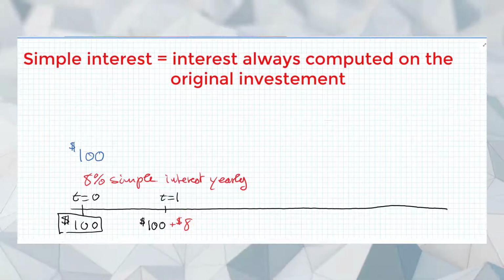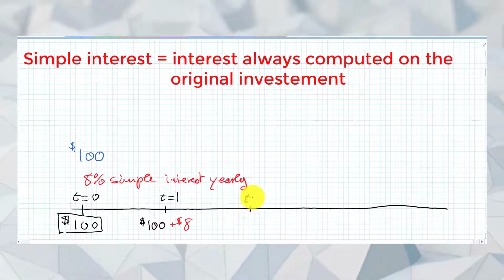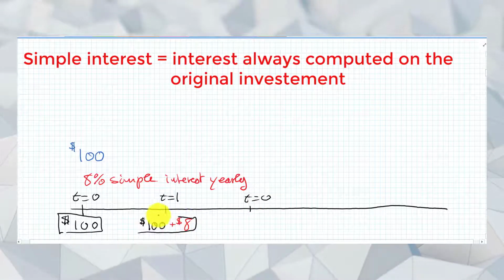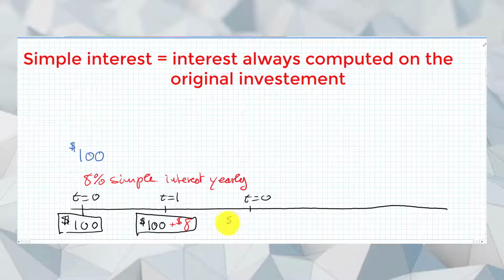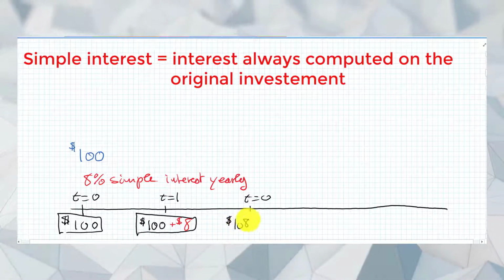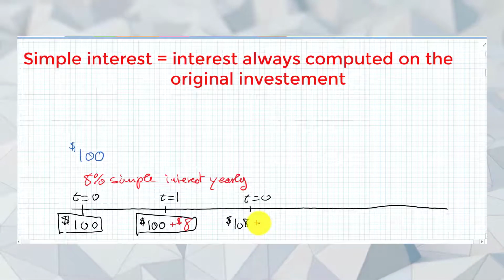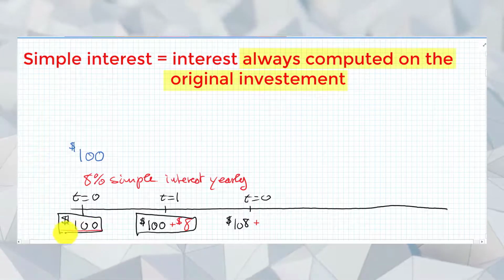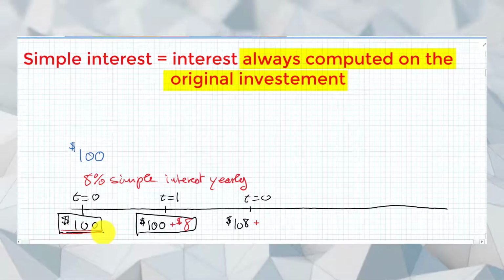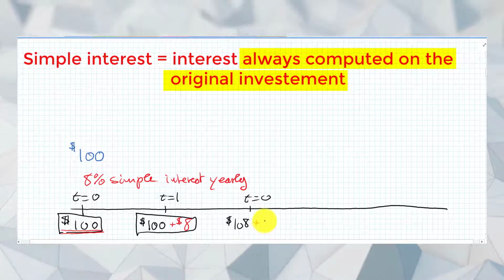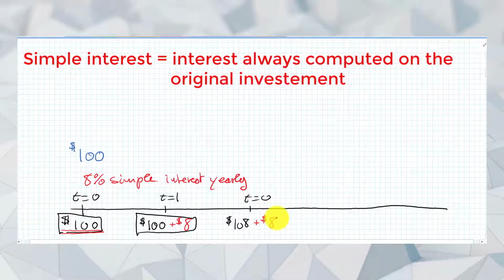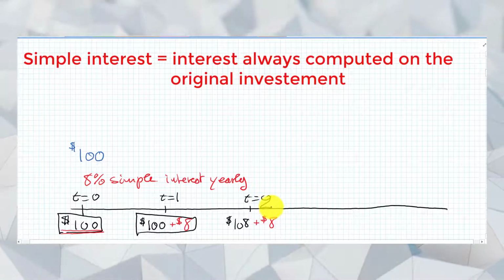But now, at the end of the second year, what happened? Well, what did you have at the end of the first year? You had $108 and you have to add the interest, but the interest is always computed on the original amount. So it's 8% of 100, which is again $8. I meant to write 2 right here, right?